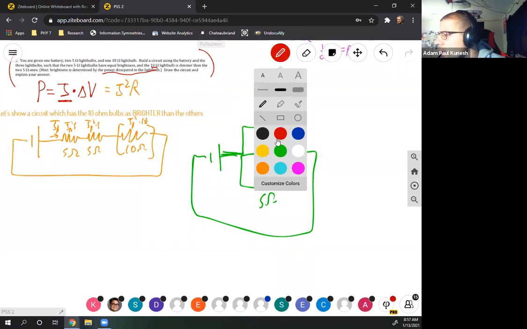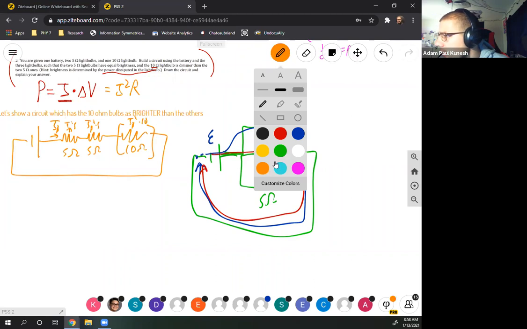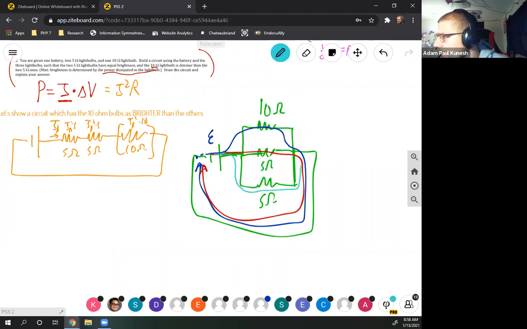The change in voltage across each of these is going to be the same. Let's draw a couple of paths, and I'll explain why that is. If I've got a battery voltage epsilon and I follow it around, here's one path, here's another path, and here's another path.